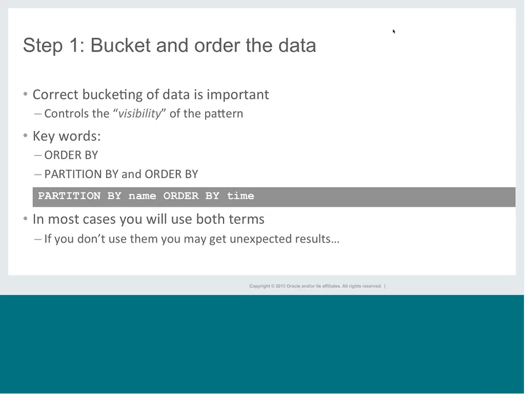I would say in the vast majority of cases that you're going to see, you're probably going to use both terms. They're not obligatory, so they're optional. You don't have to use them. If you don't use them, the chances are you may get unexpected results. If you keep running it time after time, you're probably going to get different results each time you run it. So the partition by and the order by tend to be quite important.